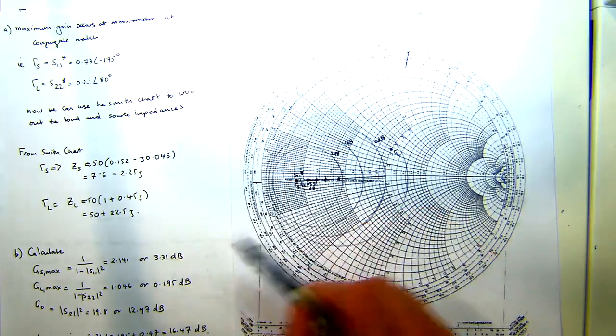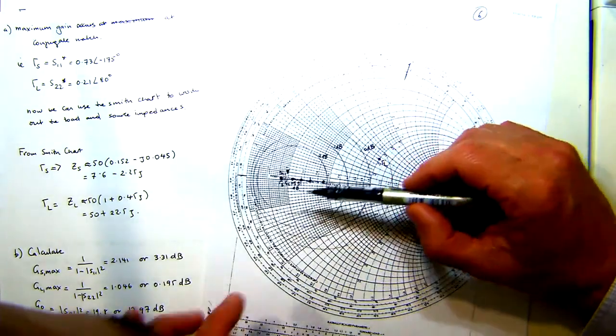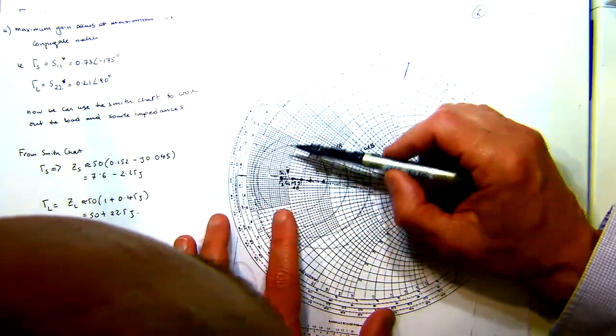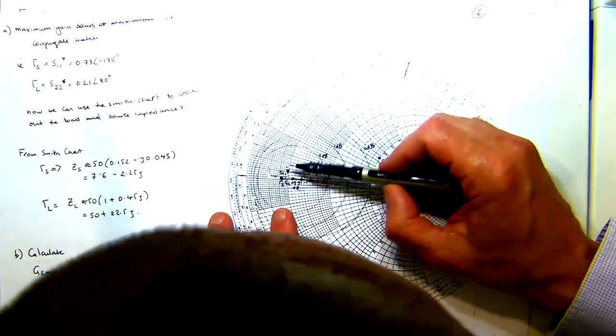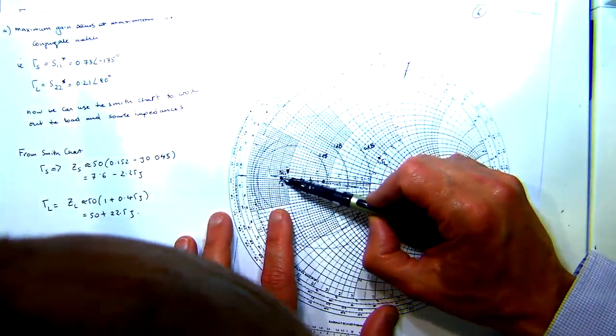If you read it here, you'll see that it's roughly 0.15, because this is 0.1, this is 0.2, so it's 0.15.